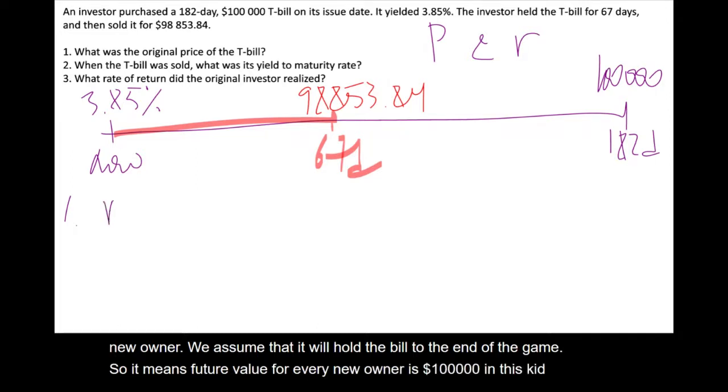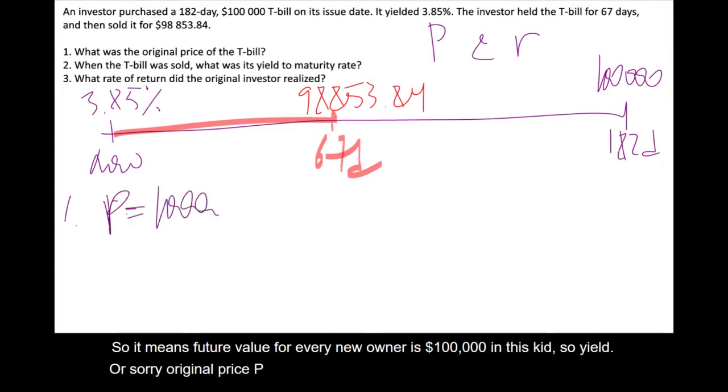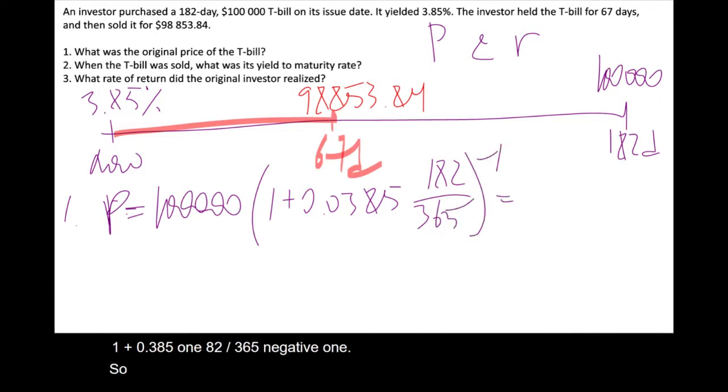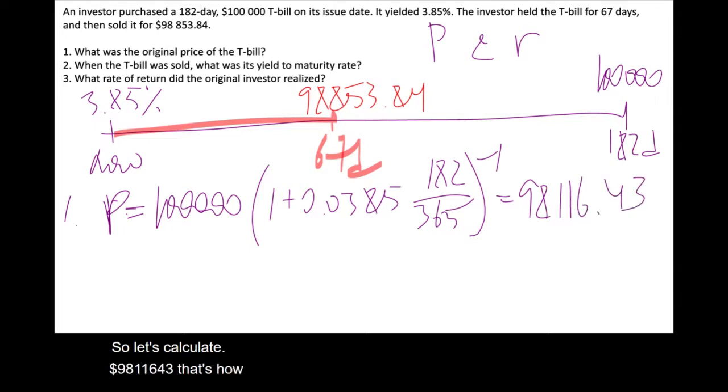So yield, R, original price, P. So 100,000 over 1 plus 0.0385 times 182 over 365, negative 1. So let's calculate. So $98,116.43.